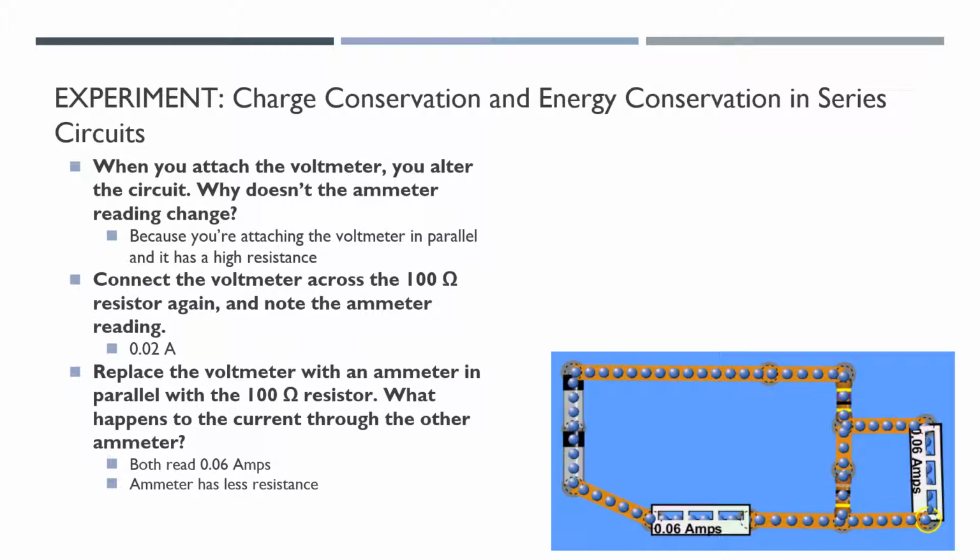The ammeter read 0.02 amps like it did before. Now, if we replace the voltmeter with the ammeter in parallel with the 100 ohm resistor, the current through both ammeters rises to 0.06 amps. That's because the ammeter has less resistance than the voltmeter, and so the current value has to change.